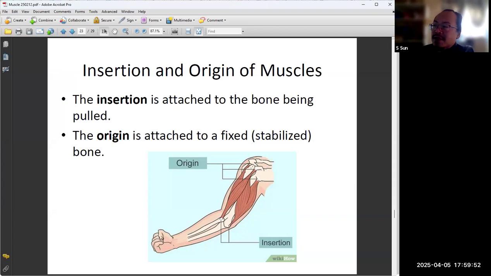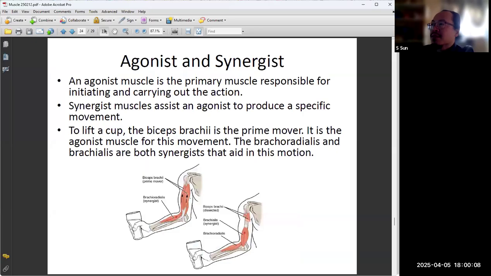We can also classify the muscle based on their function, as I tried to mention. For example, this muscle does the flexion. We call this muscle the primary agonist. Here is the primary mover for the flexion of this angle. In order to make this movement smooth, we cannot only have this muscle, we also have some more muscles.